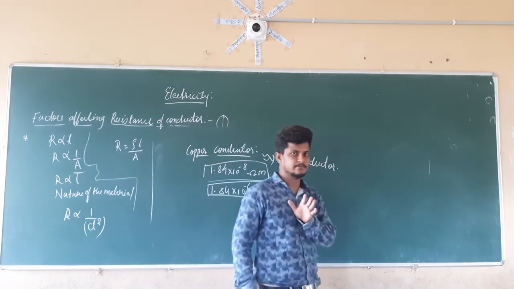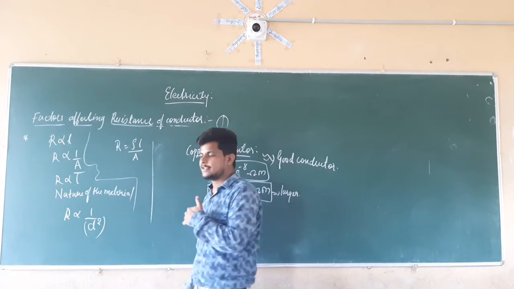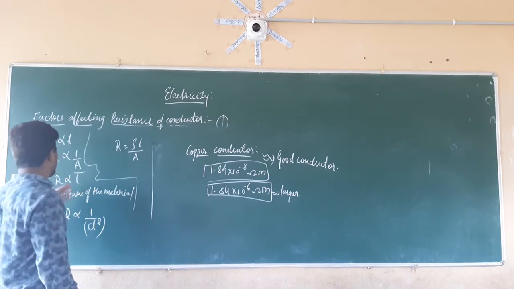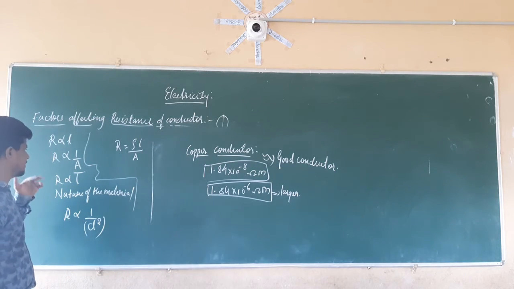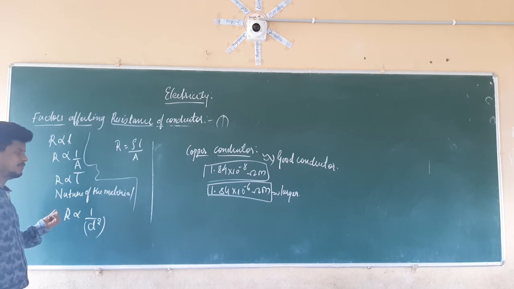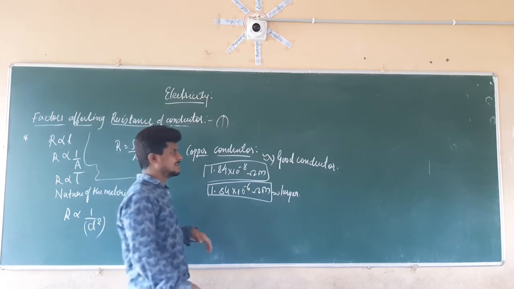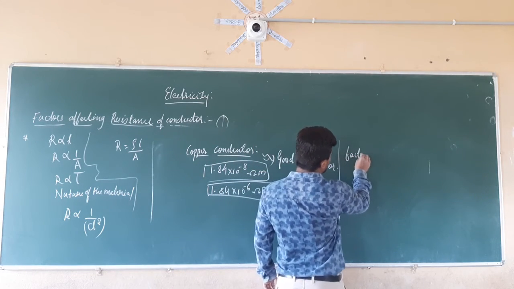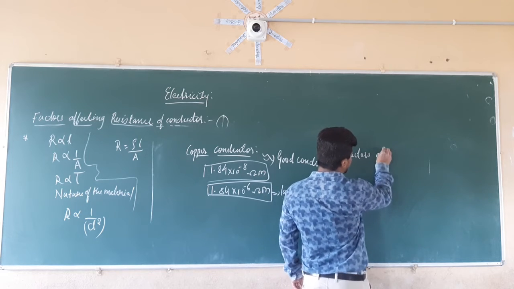Now next, on which factors does resistivity depend? We already know that resistance depends on the length of the conductor, the area of cross section, the diameter, as well as the temperature. So which factors affect the resistivity?